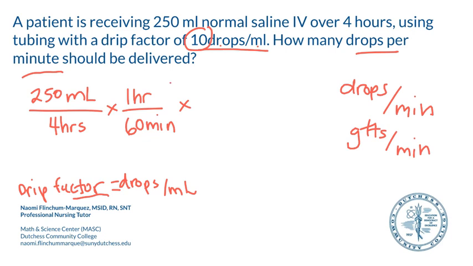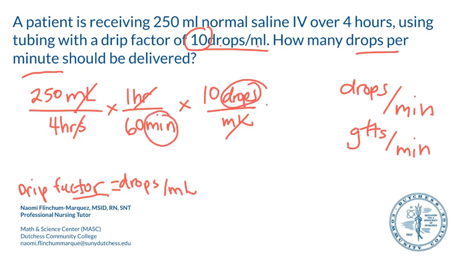We also have this drop factor. And we have milliliters. So we have 10 drops over a milliliter. And I think that sets us up nicely because we can cancel out our milliliters. We can cancel out our hours. And now we're left with drops per minute.